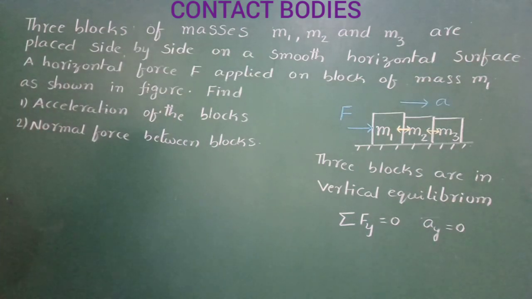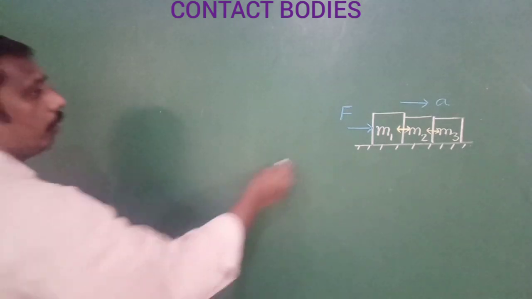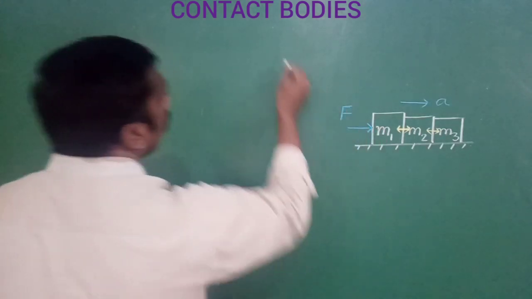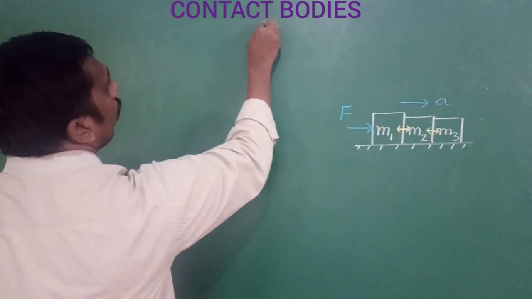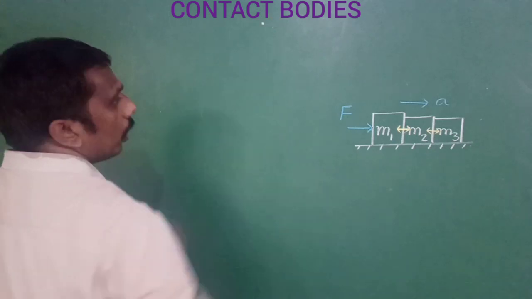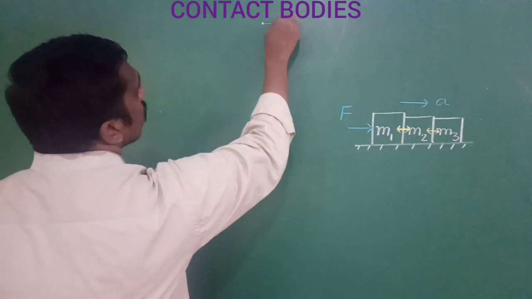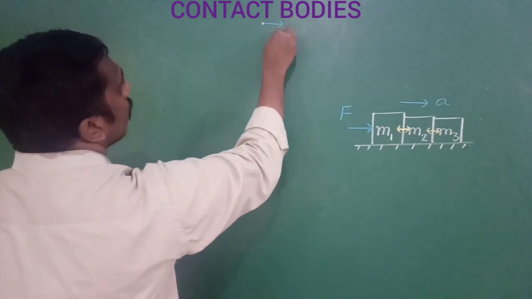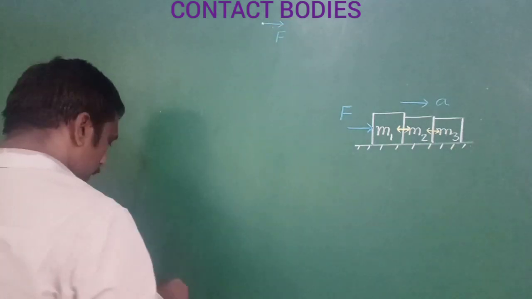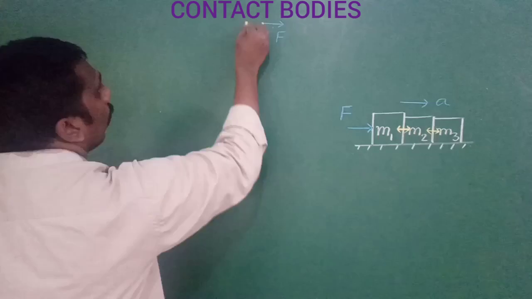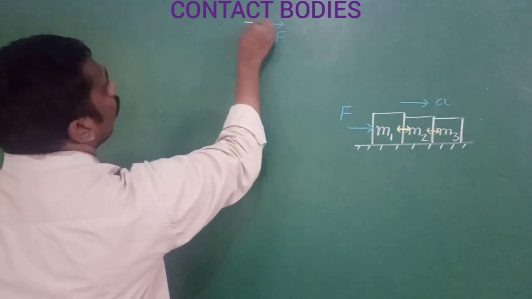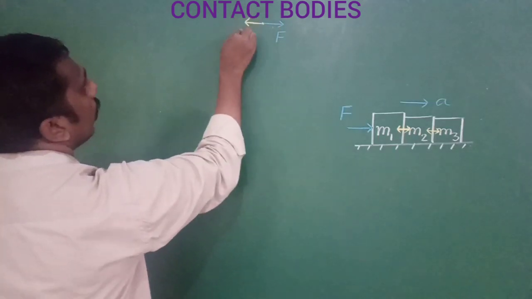To consider horizontal forces, first we draw free body diagrams. Free body diagram of first block M1. On M1 along horizontal, two forces are acting. One is the applied force F acting in this direction. Second one, normal reaction between block 1 and 2, N12, acting in this direction.